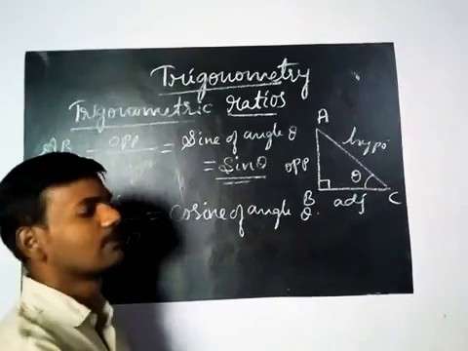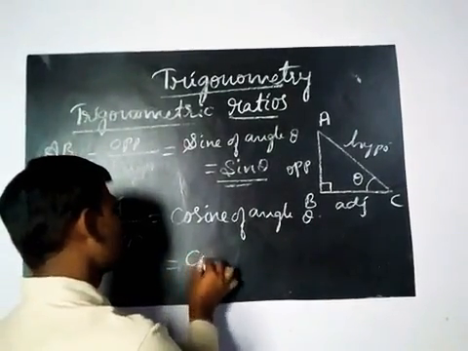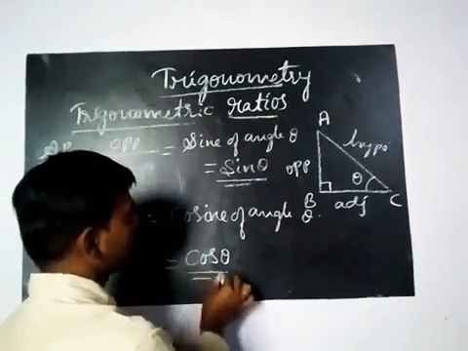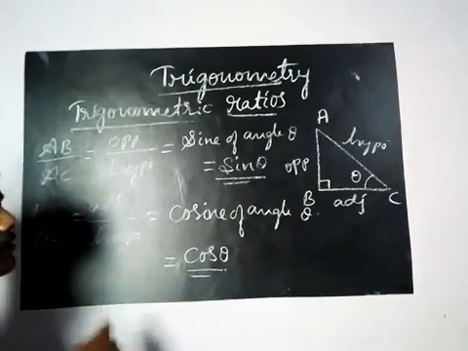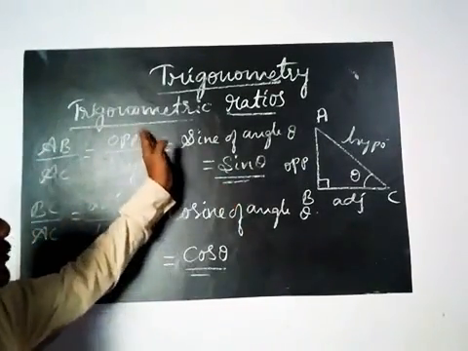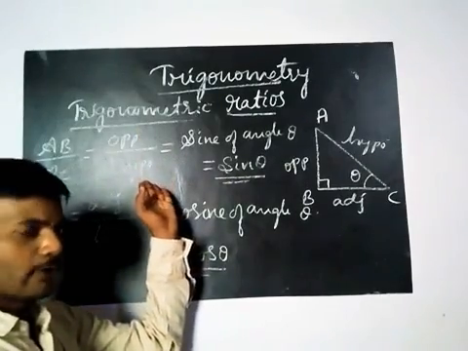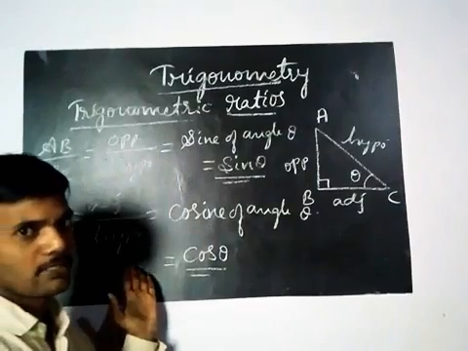In short form it is called cos theta. Cos theta is the ratio of the adjacent side to the hypotenuse. Remember the points. Sin theta is the ratio of the opposite side to the hypotenuse. Cos theta is the ratio of the adjacent side to the hypotenuse.